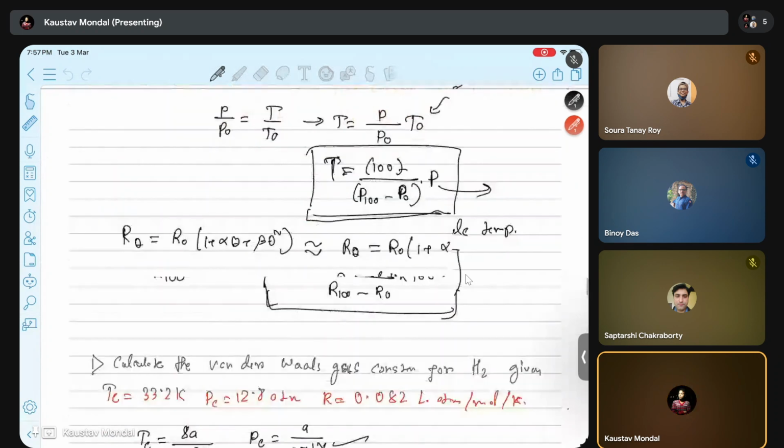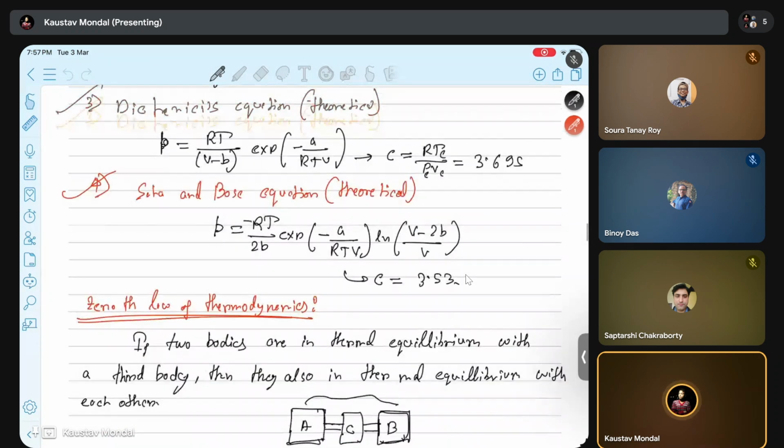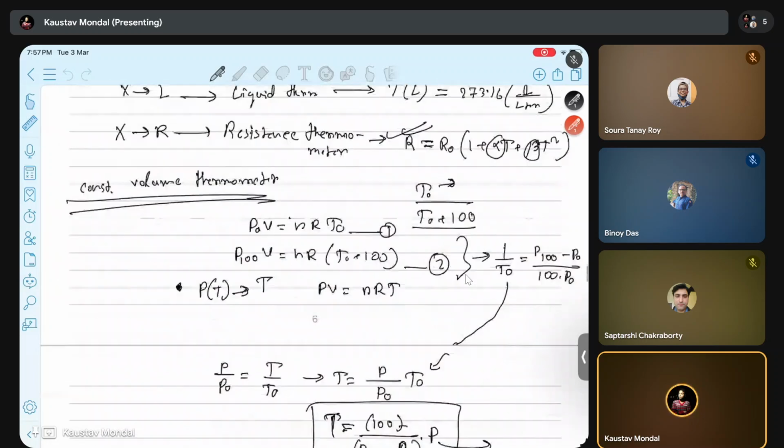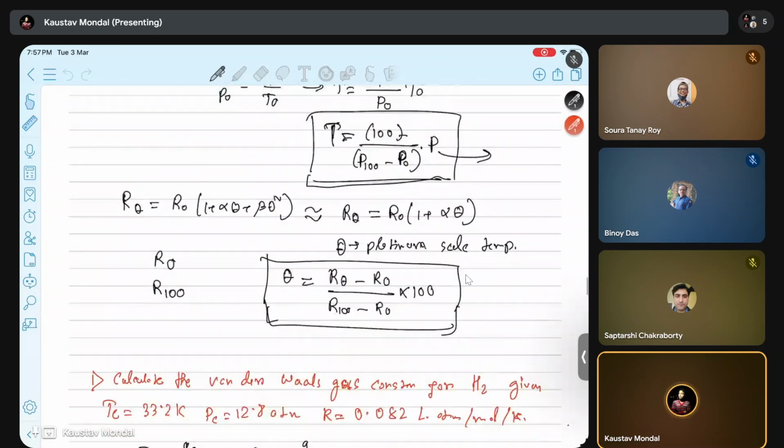So this is the temperature in terms of platinum scale that we have discussed. It uses the same concept. Here the resistance is approximated up to the first order, and to calculate the temperature theta on the platinum scale, we need the resistance at 0 and 100 degree, and also the resistance at the reference bath, denoted by temperature theta in the platinum scale.